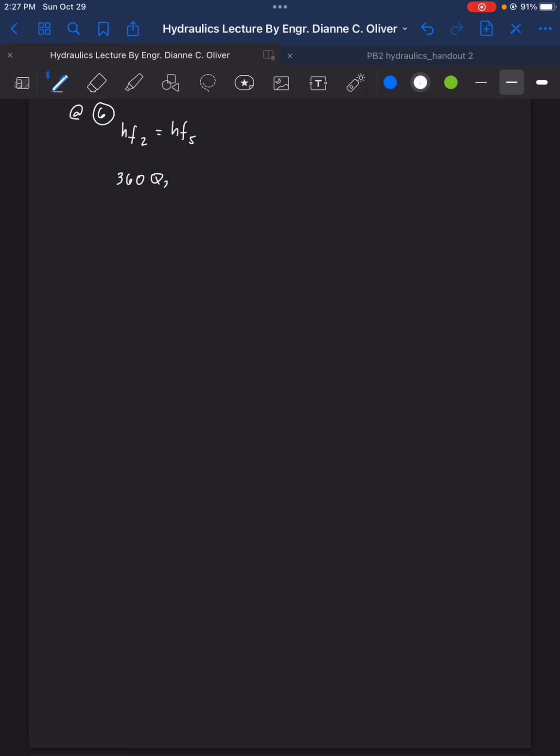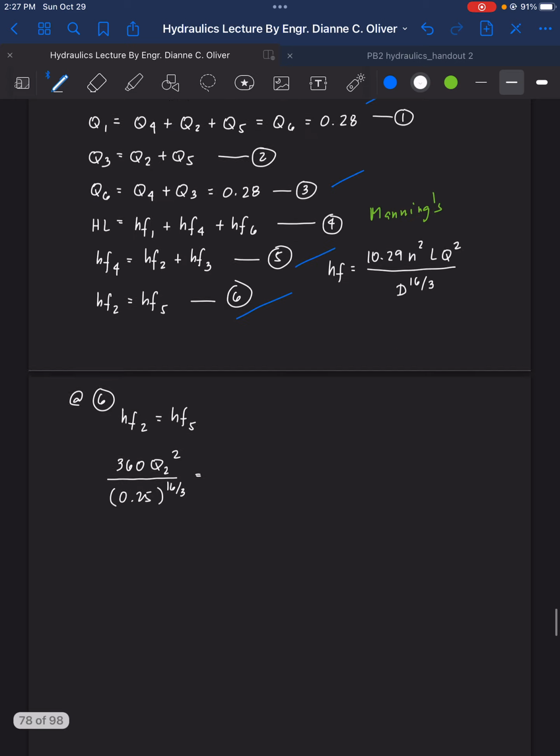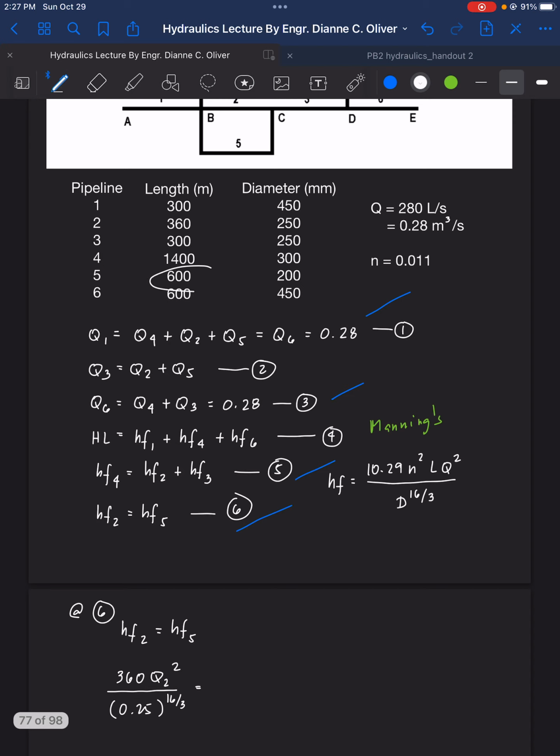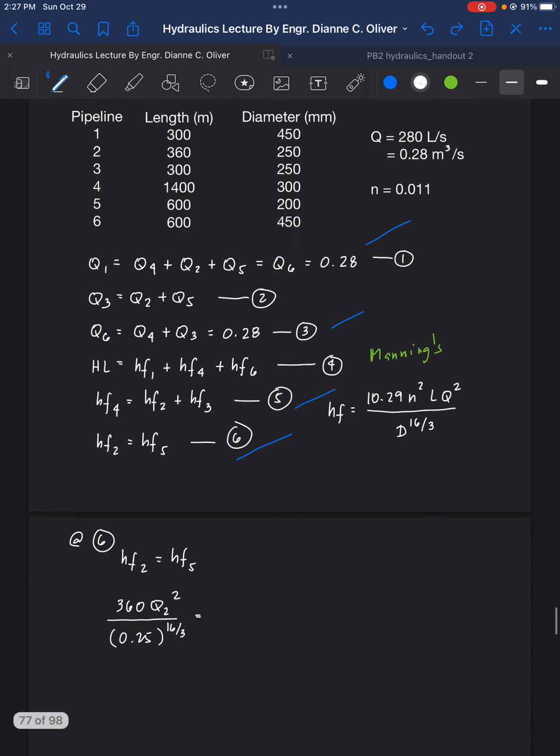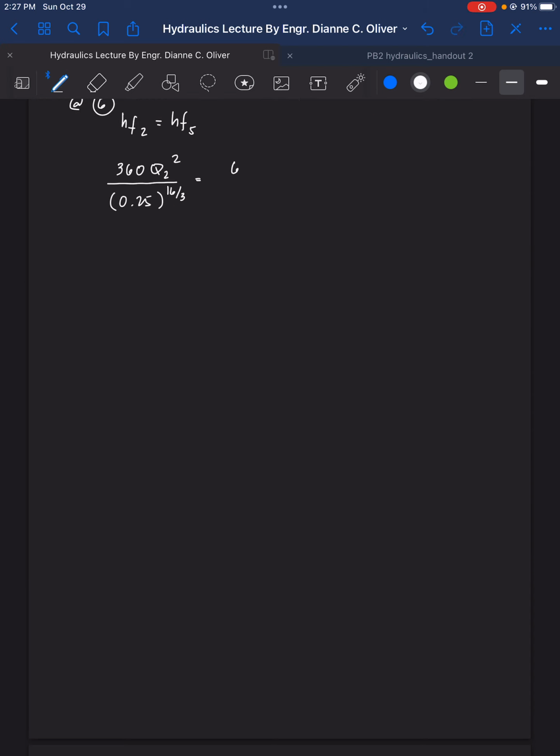360 Q2 squared all over 250 raised to 16 over 3 is equal to, what's the value for pipe 5? That is 600, 200. So we have here 600 Q5 squared all over 200 for the diameter.